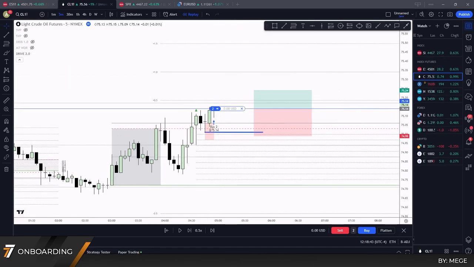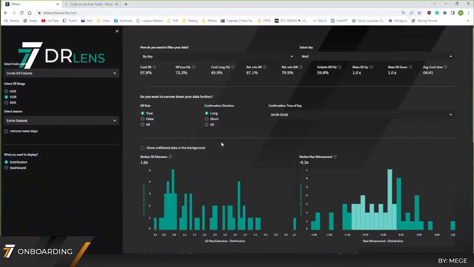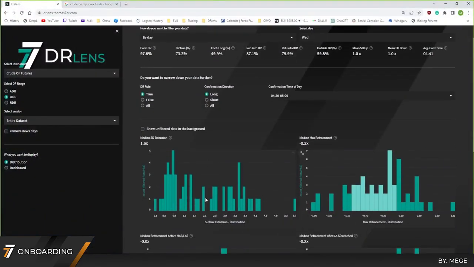Target, the lens, 1.6 is the median. So we take 1.3 to 1.4.